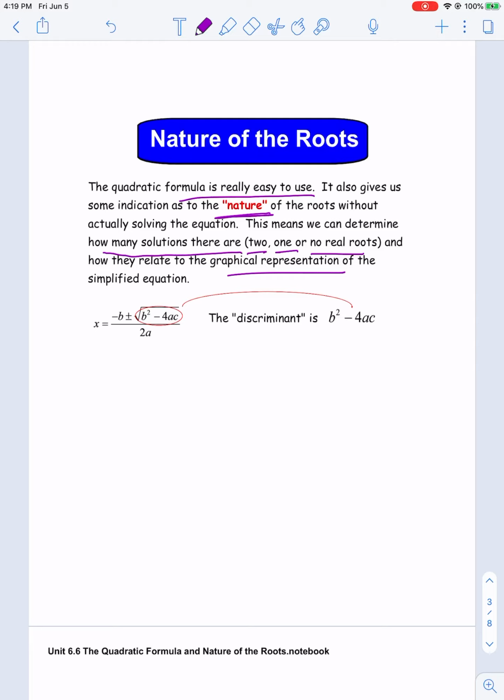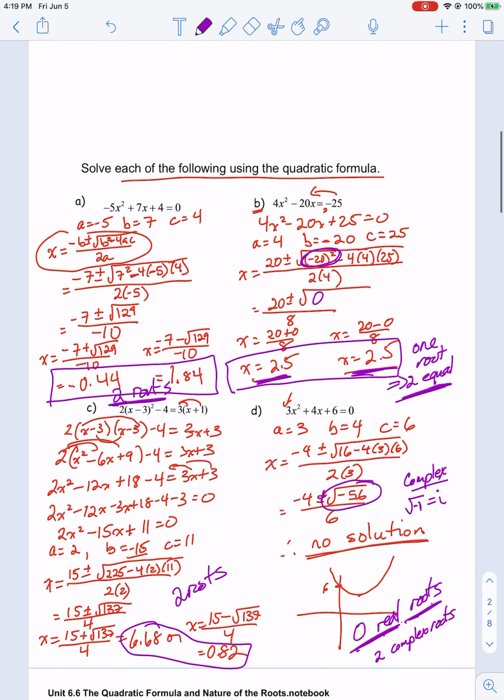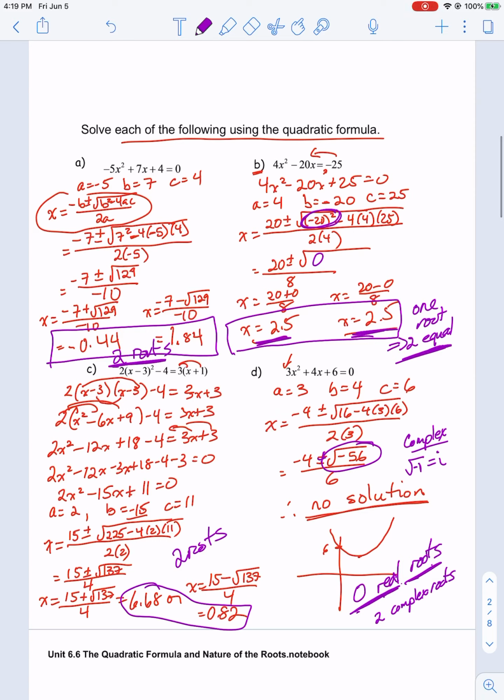So in the quadratic formula, the thing that is going to determine for you, without actually having to figure out what the roots are, is this stuff underneath the square root sign. Again, when we go back to these four examples back here, in this example, it turned out to be the square root of 129. And we ended up with two roots.